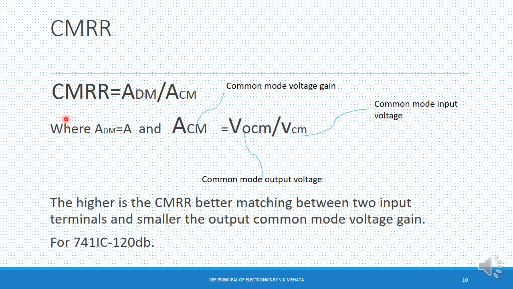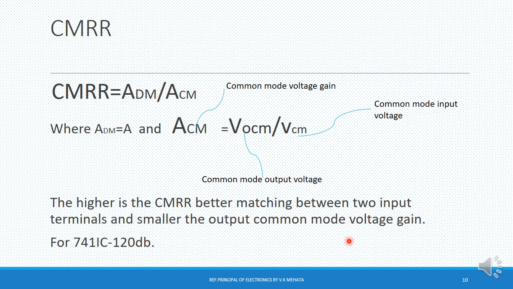Okay, next, what is the importance of CMRR in the operational amplifier? It is a very important point. The higher the CMRR, the better the matching between the two inputs. That means if CMRR is high, then we call it a good operational amplifier. If CMRR is high, it implies that the inputs of the operational amplifier are in good matching, and it amplifies properly.